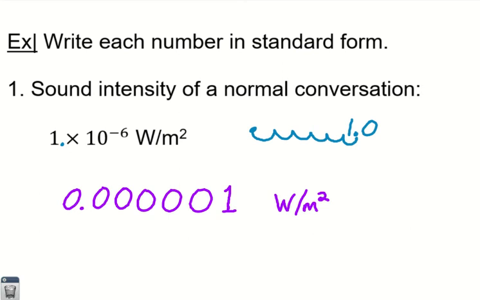So it was here and it went 1, 2, 3, 4, 5, 6. So the decimal point ended up right there, and so we had these 5 filler zeros right there.